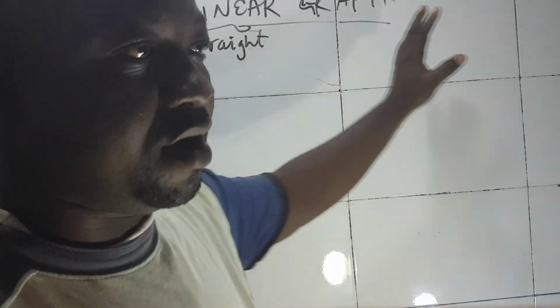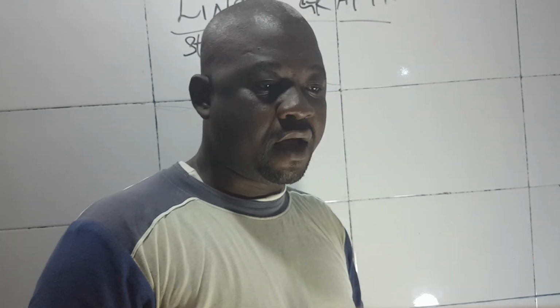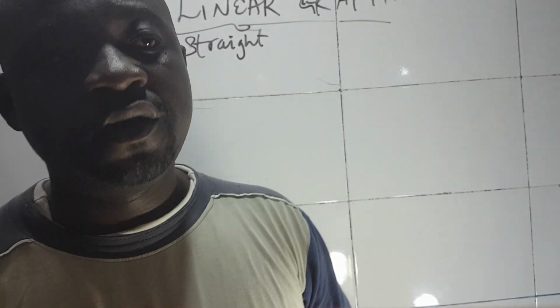Under linear graph, you're going to have a linear equation. I told us while I was introducing equation that we have linear equation, simultaneous equation, quadratic equation, and polynomials. When you say linear equation, it means it has a maximum power of 1.